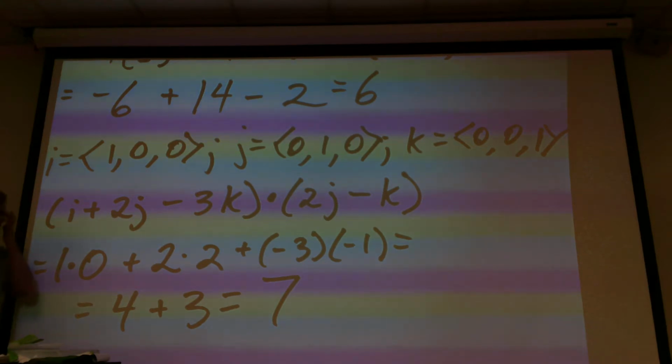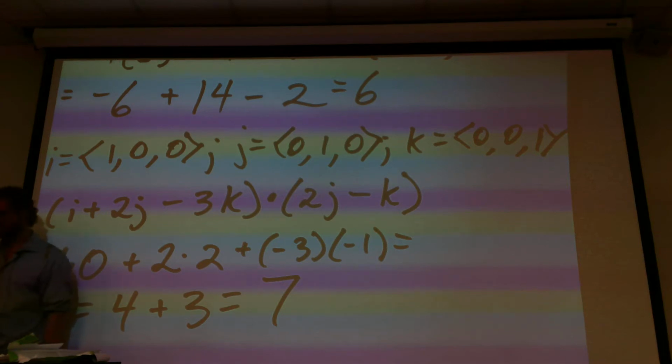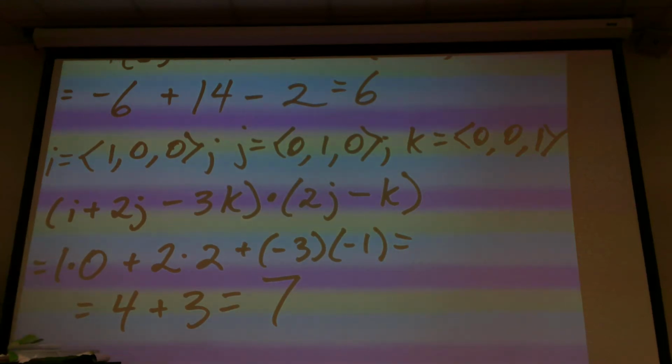But what does this really mean? We're doing the dot product, but what are the properties of the dot product that make it so nice? Well, let's say we're given two vectors in space. Let's call this vector A and this vector B, and the angle between the vectors we're going to call theta.